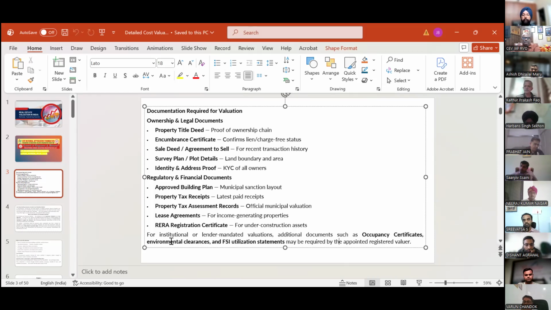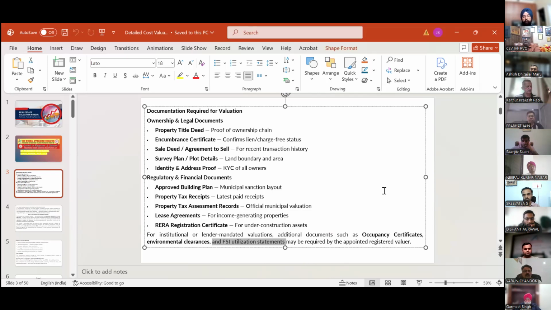Then in certain conditions, if it is a large mega project, you have to look for environmental clearances and the FSI utilization statement, showing how much FSI has been utilized, and for the remaining unutilized FSI, or if there are certain transfers of development rights, how much FSI can be purchased.